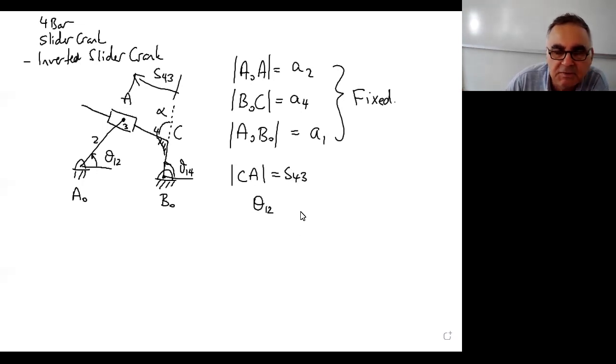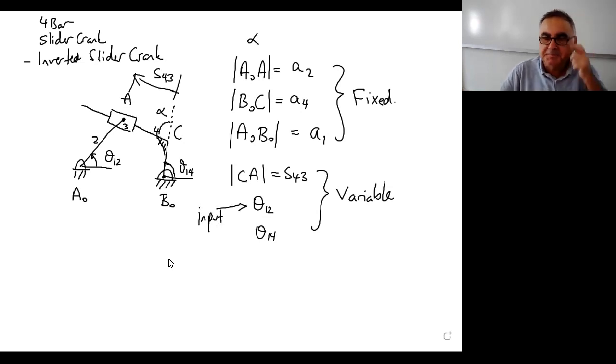Theta 1, 2 angle is a variable. Theta 1, 4 angle is a variable. Another thing is alpha, by the way. This alpha angle is fixed as well. So these are variable, and usually this is the input. Alpha is a fixed quantity as well.